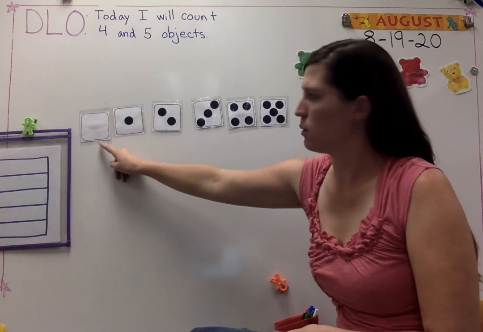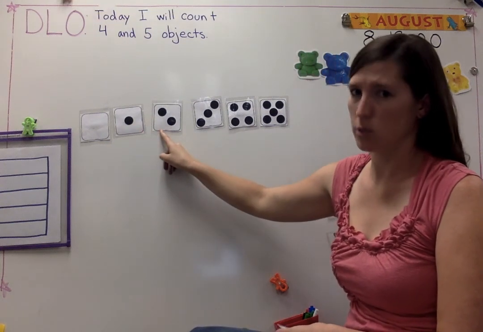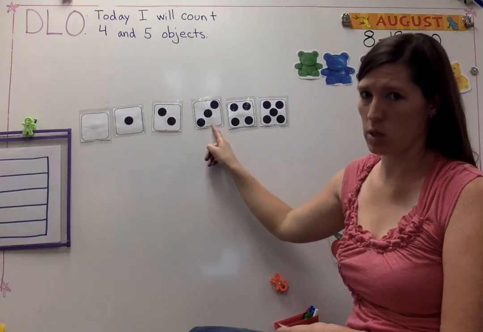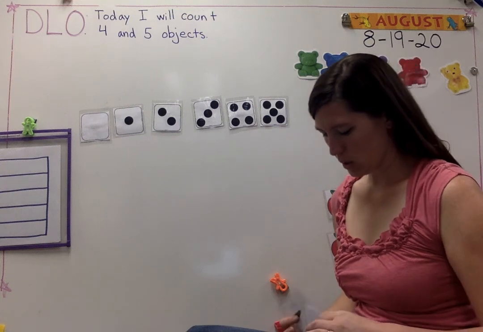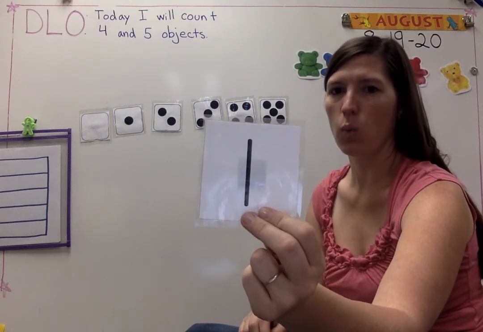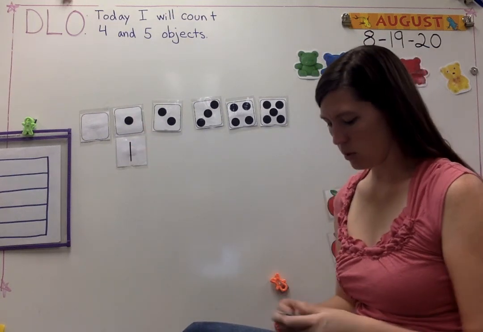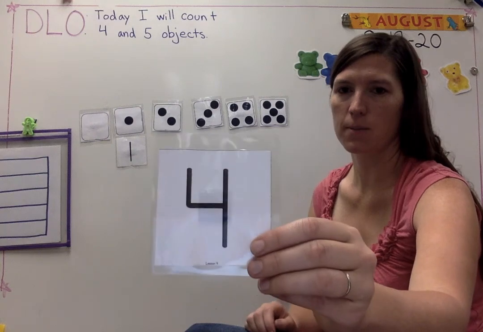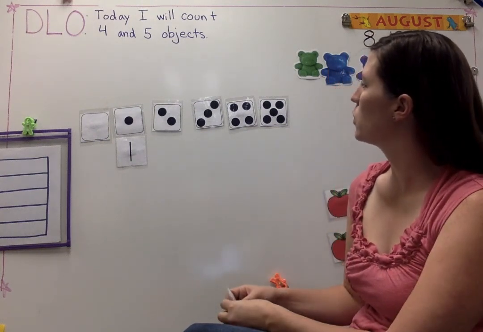Count them with me. 0, 1, 2, 3, 4, 5. Let's see. What number is this? 1. I need to match it with the number 1. What number is this? 4. I'm going to match it with 4.